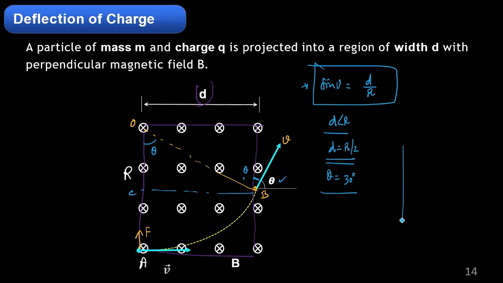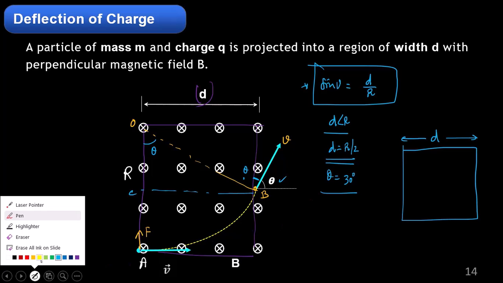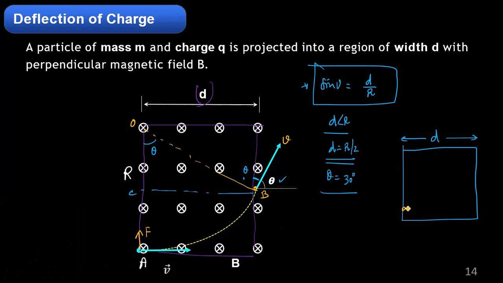Now consider another situation where the region d is greater than R. If d is greater than R and we throw the particle, the particle has the tendency to complete the entire circle. Why? Because now the R length is less than d.